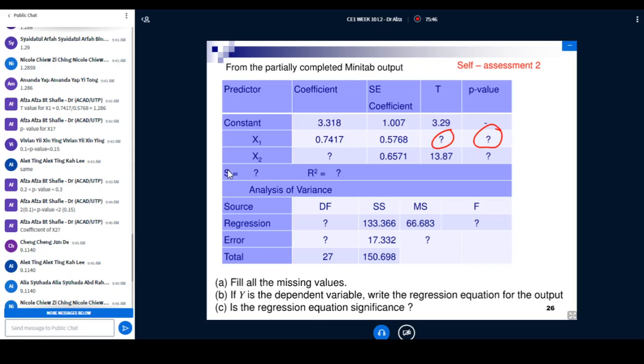At the table, how do you get 0? I get a value of less than 0.001. That's my p-value, less than 0.001.